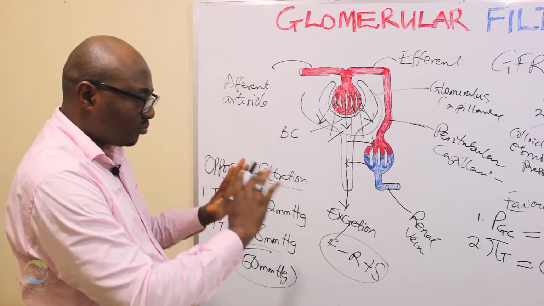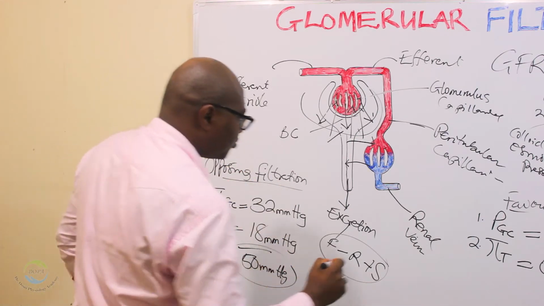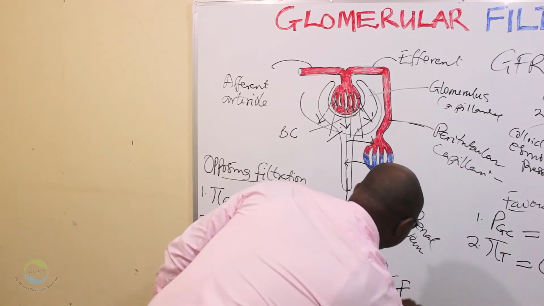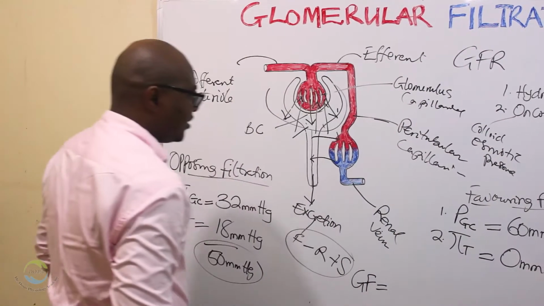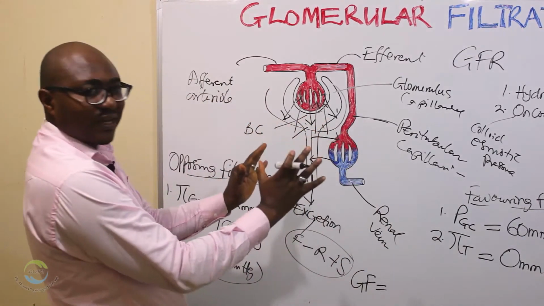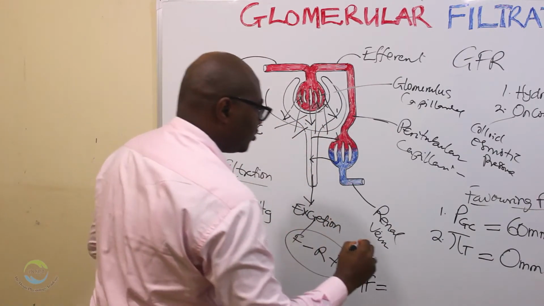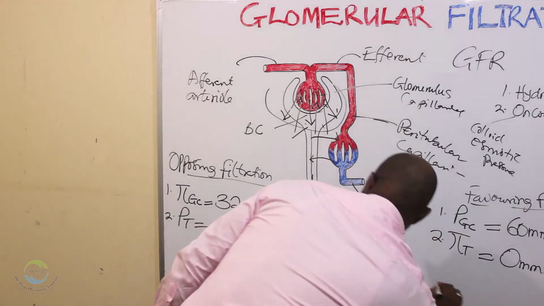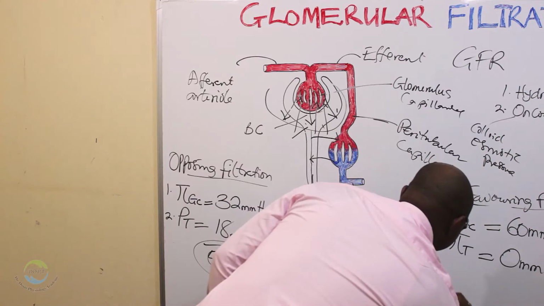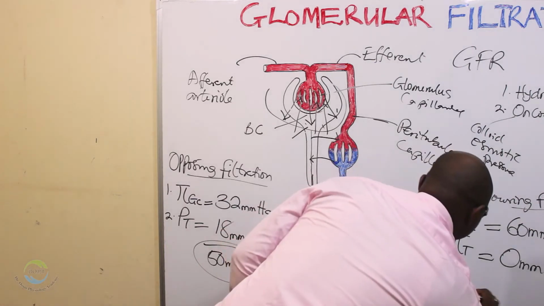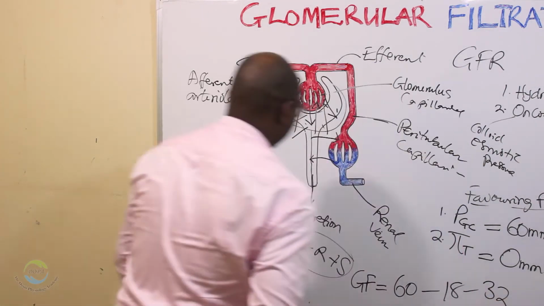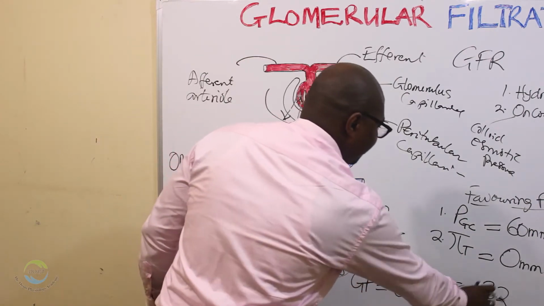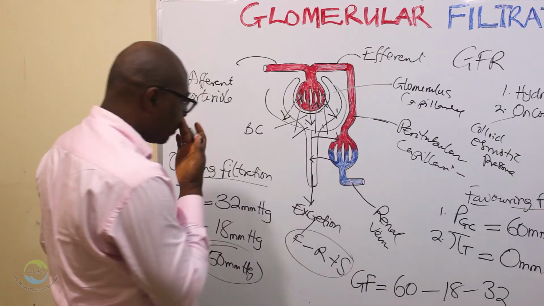So if you want to group them, you come here like this and say glomerular filtration is equal to those that favor and those that oppose. It's equal to 60 minus 18 minus 32. Or you can just say 60 minus 18 plus 32, because they are all together. All right?